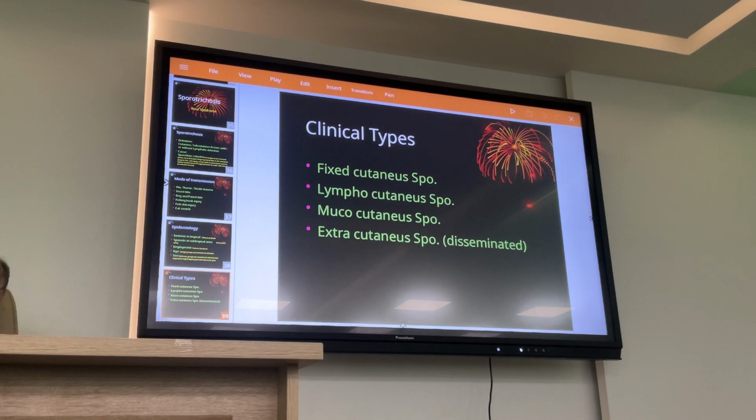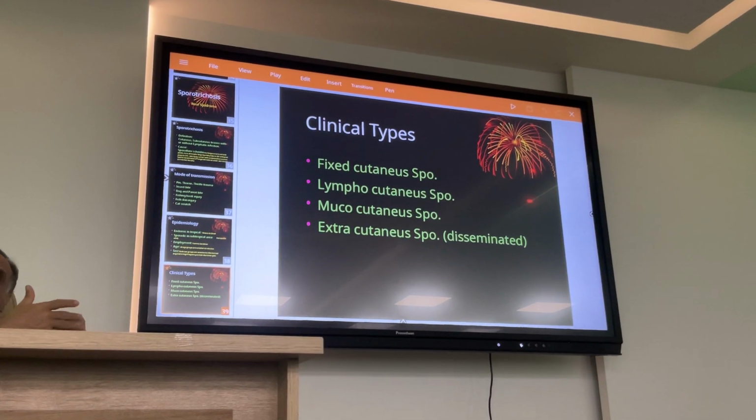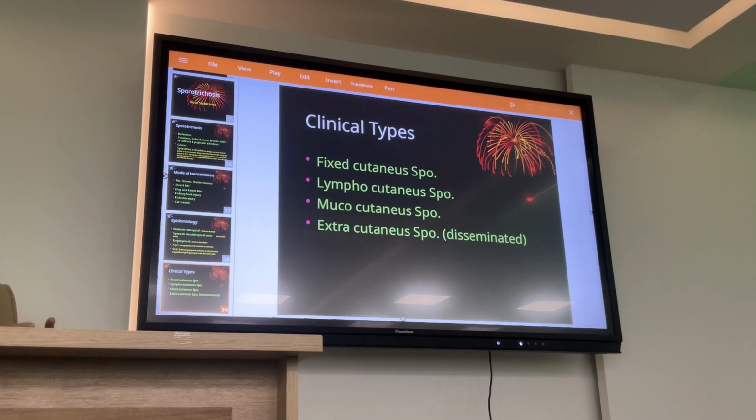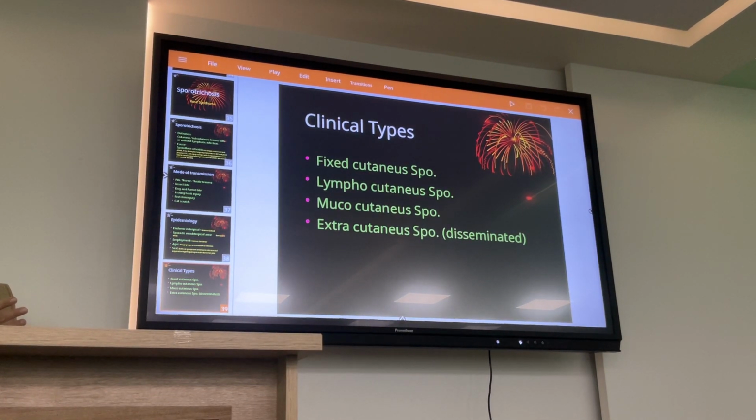In fixed cutaneous, we have only a skin lesion. In lymphocutaneous, we have not only a skin lesion, but the infection transfers to other organs. At first the skeletal system, bone tissue.